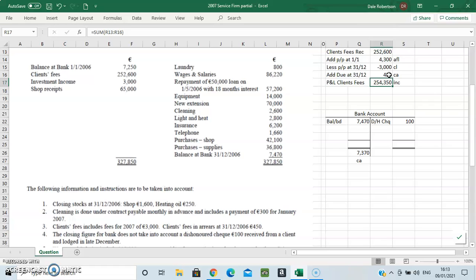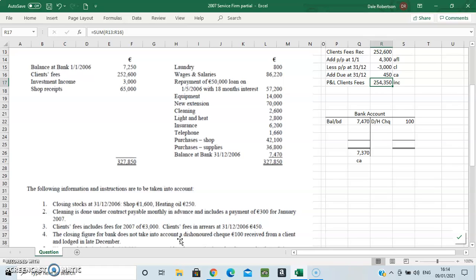Now, working number 4 does say the closing figure for the bank, and the closing figure for the bank is this debit balance. It's above the lines on the credit. It will be brought down, like I've done here, below the lines on the debit side of 4,740. It does not take into account a dishonored check of €100 received from a client and lodged in late December.